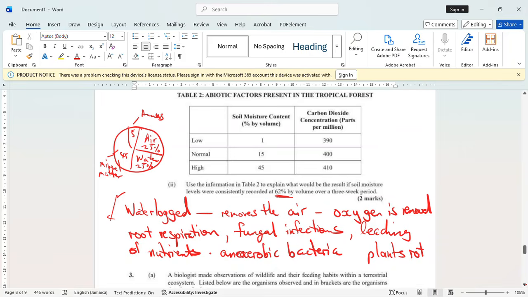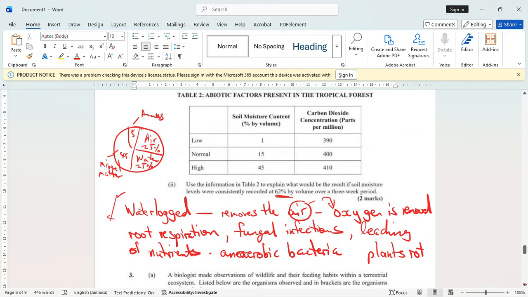So if you add more water, on a high, it's already high if it is 45. So imagine how it is if it is 62. This soil is going to now be waterlogged. So all of that air is going to be forced out of the soil. So less air within the soil or minimal air, and air contains a mixture of gases, and oxygen is one of those gases.